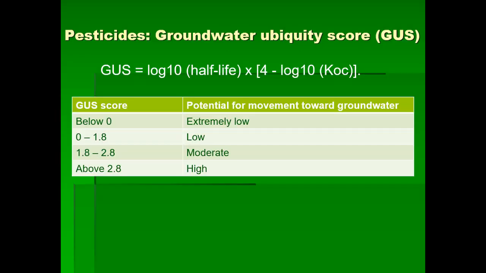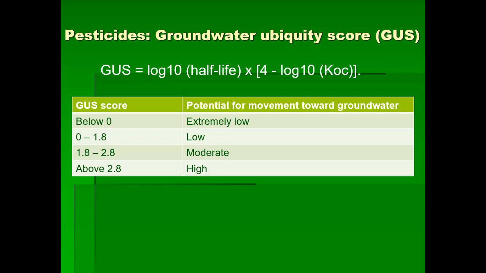The next one is the groundwater ubiquity score. This is an index that indicates the potential to move towards groundwater. It is experimentally calculated by relating the pesticide's half-life and the sorption potential, which is abbreviated as KOC, which is basically the ability to bind tightly to soil.